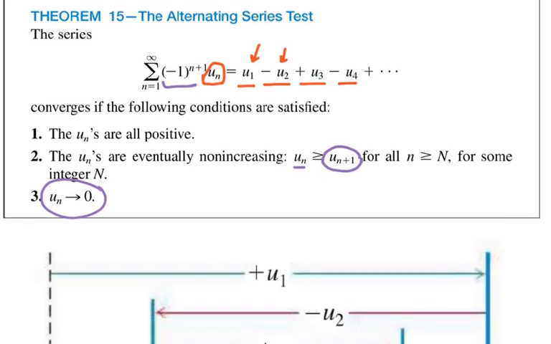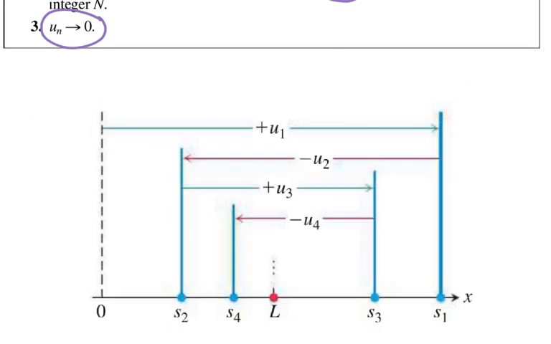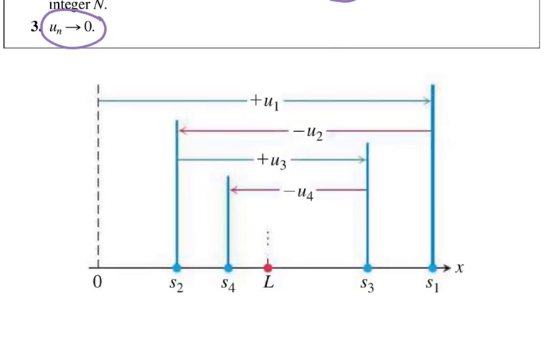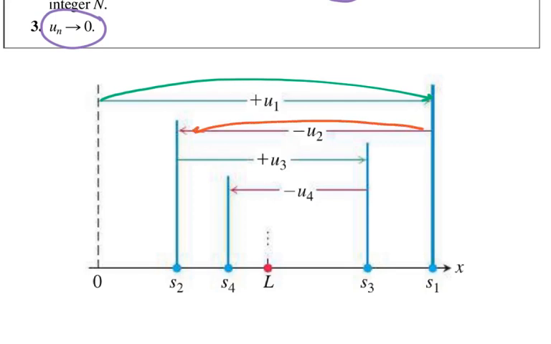The reason we can show this, and I've pulled a picture in here, is that we add some positive term, which takes us over here, and then we subtract a negative term, and then we add a smaller positive and subtract a smaller negative.